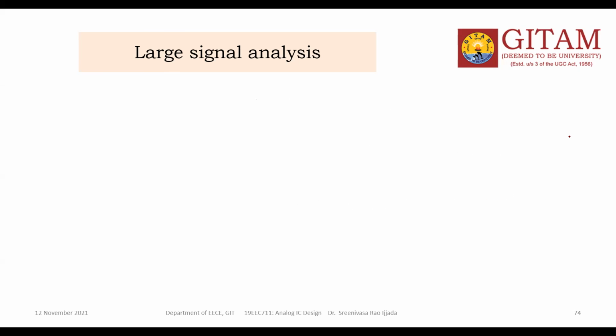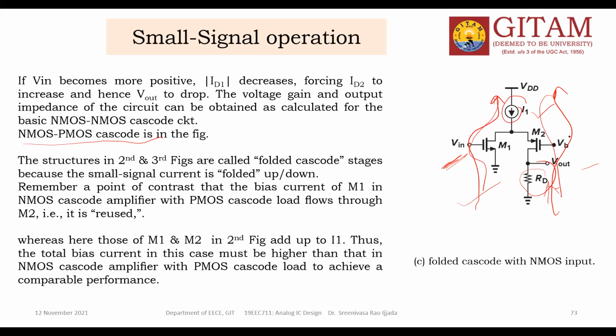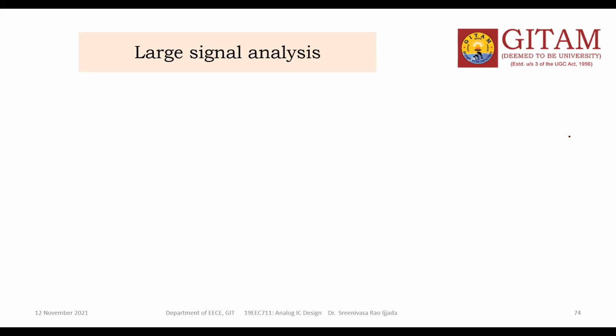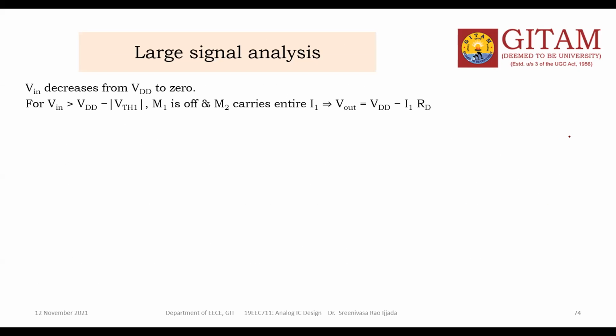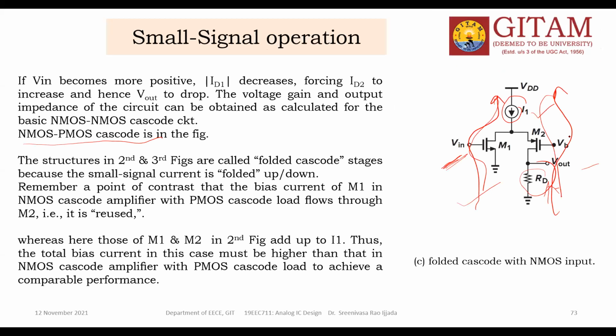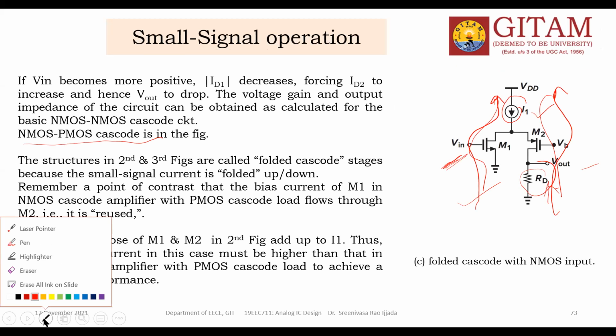So see this circuit. What is saying? If V1 is decreased from VD to 0, what happened? Sir, ఒకసారి previous slide వెళ్ళండి. చెప్పండి. Sir, previous slide, sir, small signal operation లో second paragraph ఇక్కడ చూడండి.